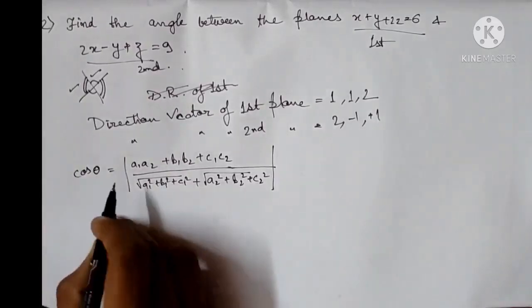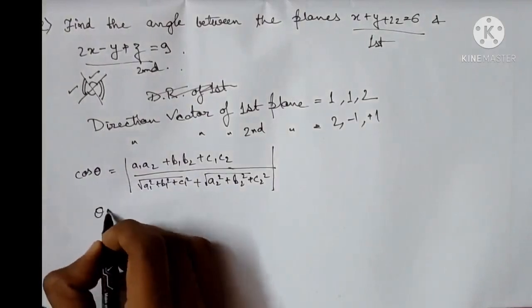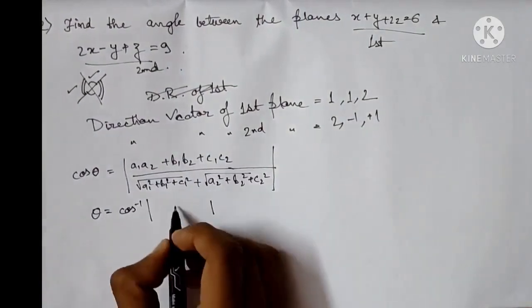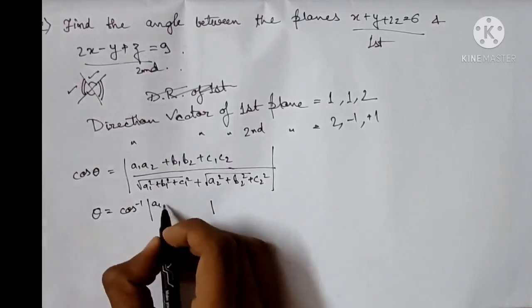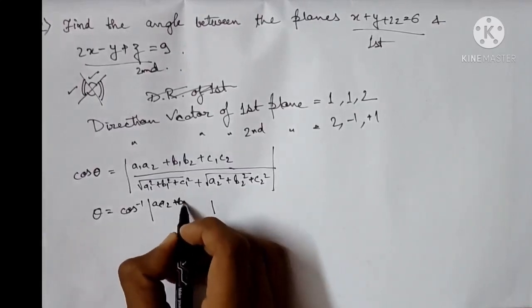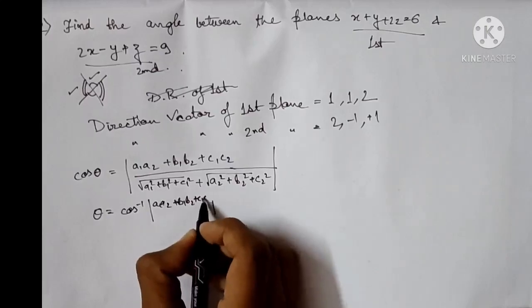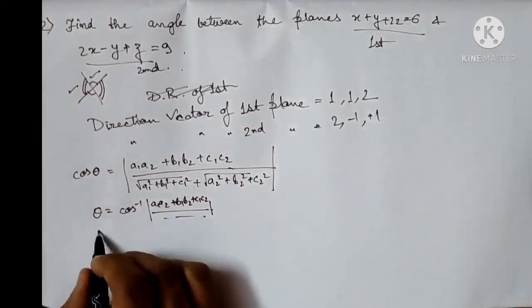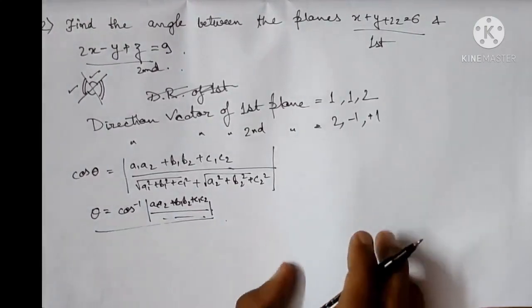Now theta is equal to cos inverse of a1 a2 plus b1 b2 plus c1 c2 divided by this term. Just copy it down.